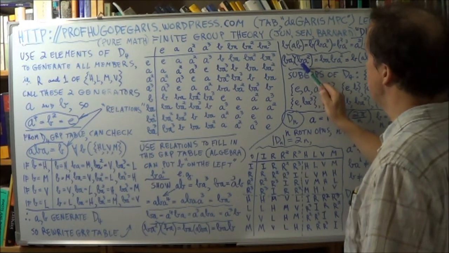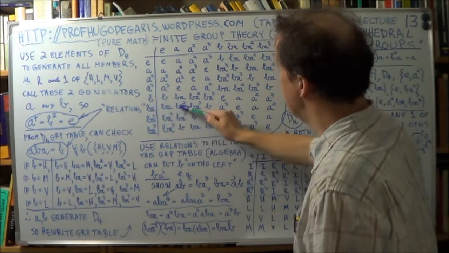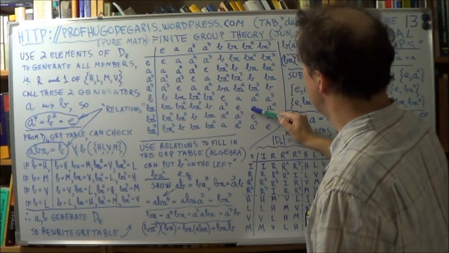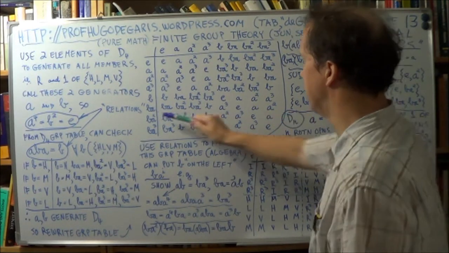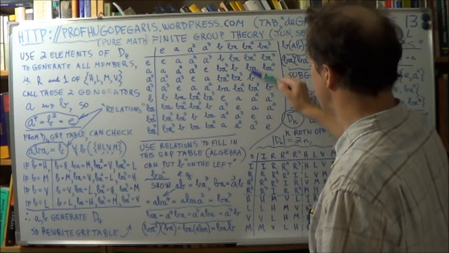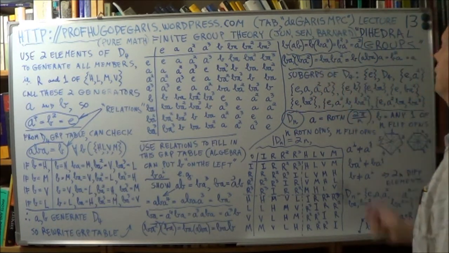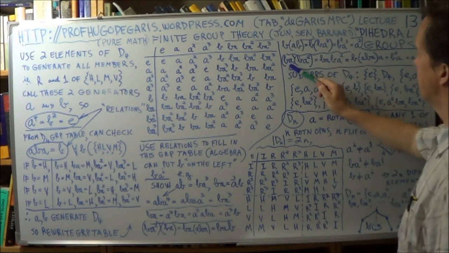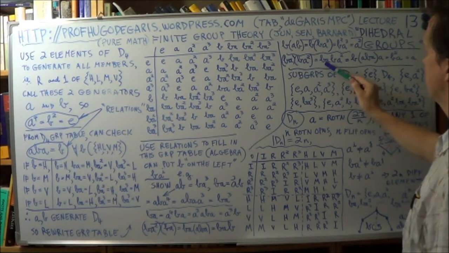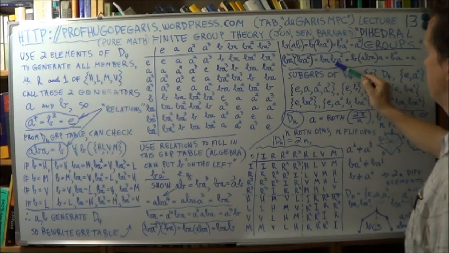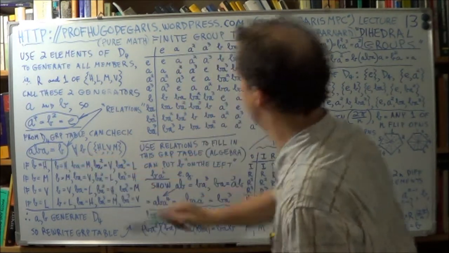Now BA squared is just A. So show that this is A. Well, that's BA squared. BAB is just B, right?